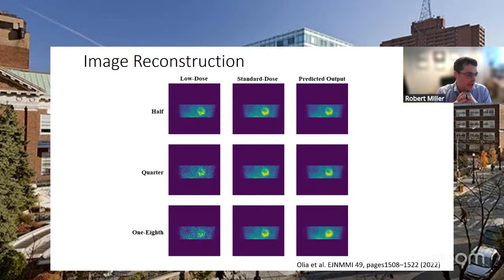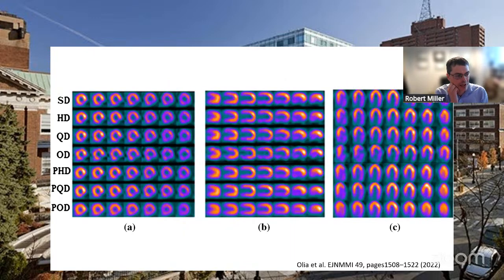So this is one study that I thought was just particularly well done, where they simulated doses as low as 1/8 of the radiation dose, and then used AI to predict a full dose. So here they were using a generative adversarial network, which we'll talk about a little bit more, and the image denoising was a UNet generator. So here you can see the standard dose images are on the top row.